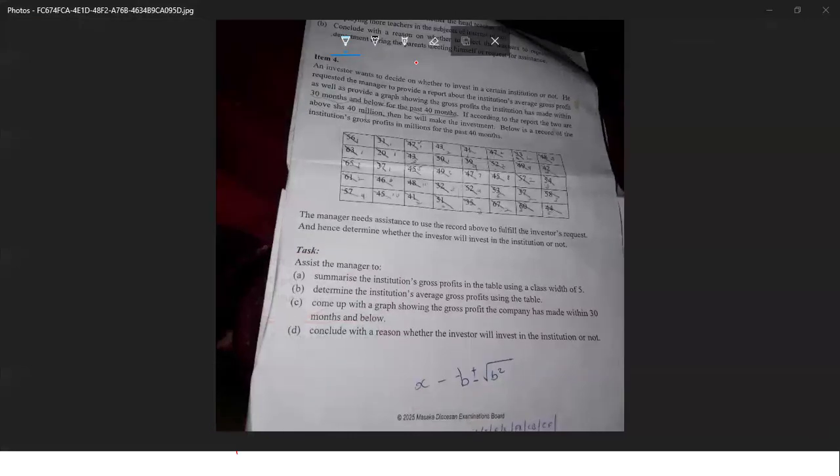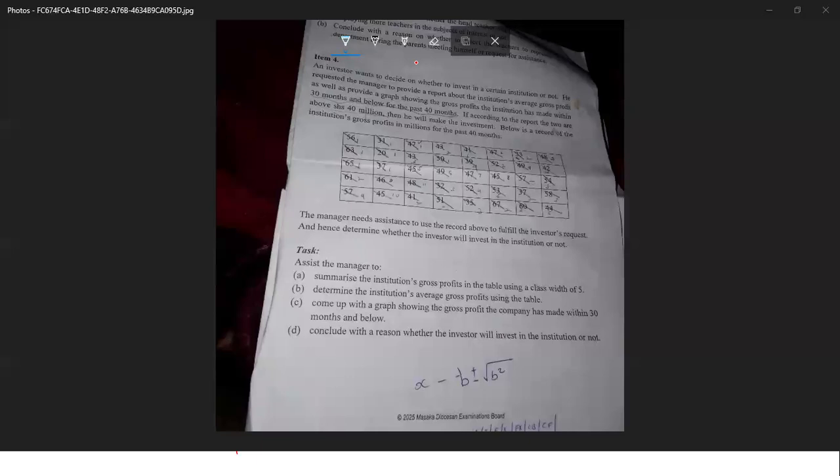Okay, someone has shared the paper here. When you look at the question, you first had to get the starting class. You look out for the smallest number.